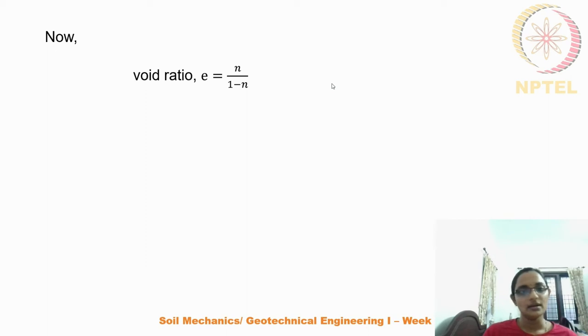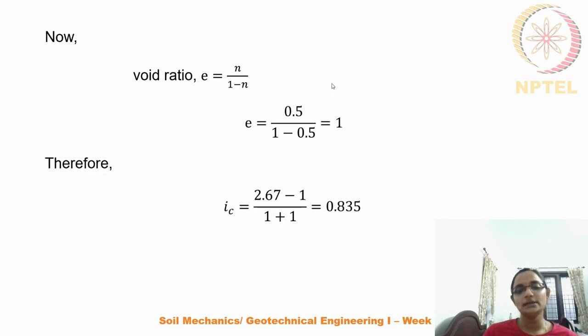Porosity n is given. So we have e equal to 0.5 by 1 minus 0.5, which is equal to 1. Therefore, critical hydraulic gradient IC is equal to G minus 1 by 1 plus e. That is 2.67 minus 1 by 1 plus 1, which is equal to 0.835.